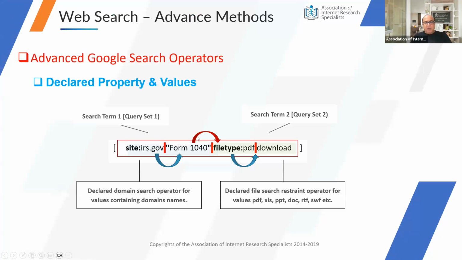Now, when we create the search query string, we can put interoperable advanced search operators along with the basic search, like booleans, and make it all function together. And this is what the slide is saying.